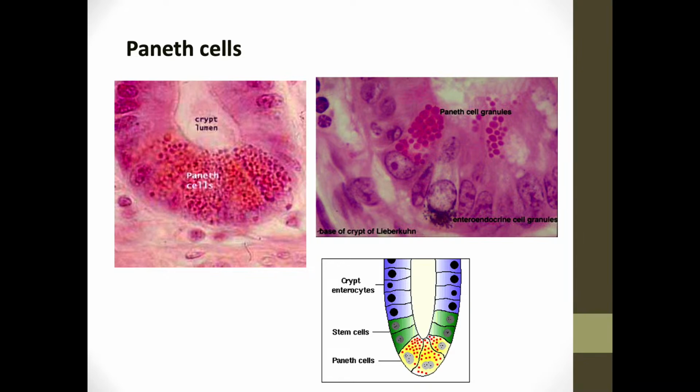So Paneth cells are important cells of the intestinal tract, located in the basal part of the crypt. And of course there are the stem cells, immature, non-differentiated cells, from which form the other types of cells which form this epithelial lining and which form the crypt.